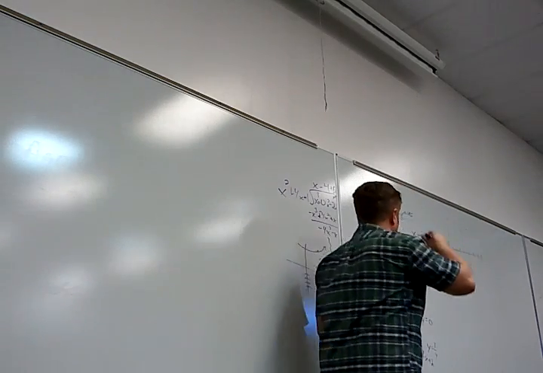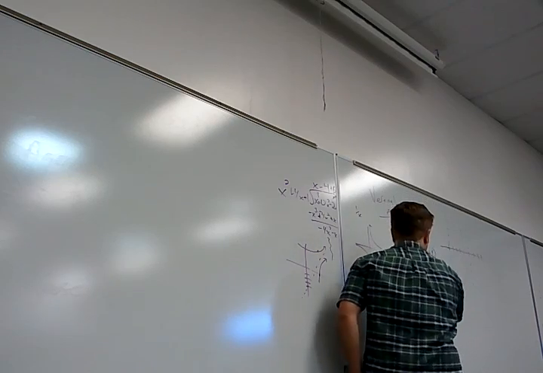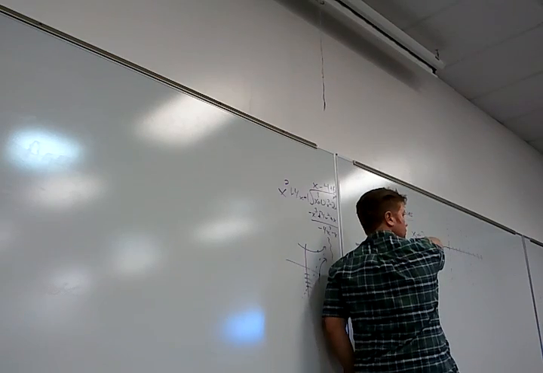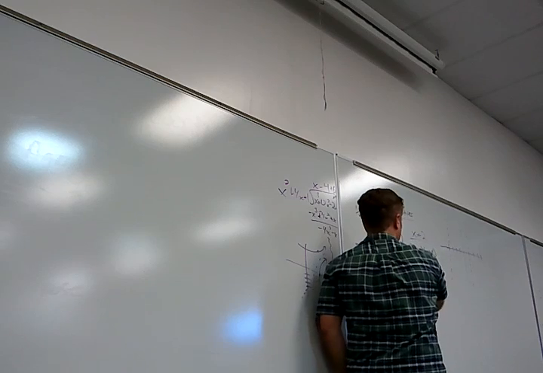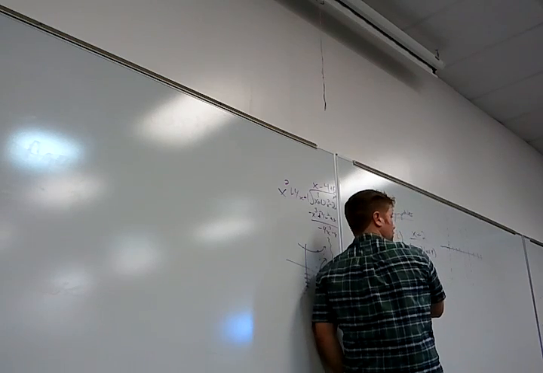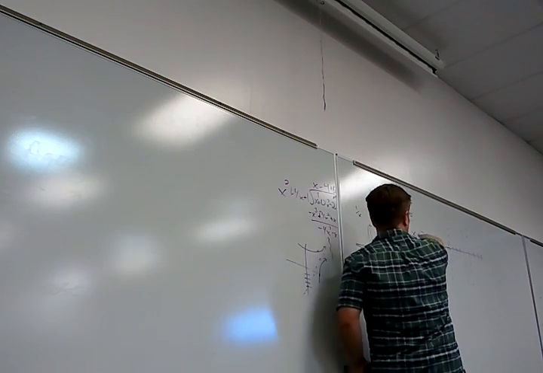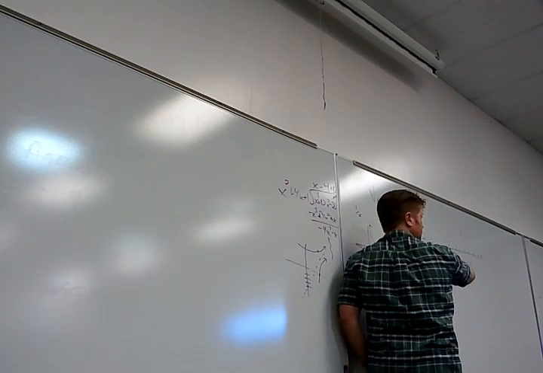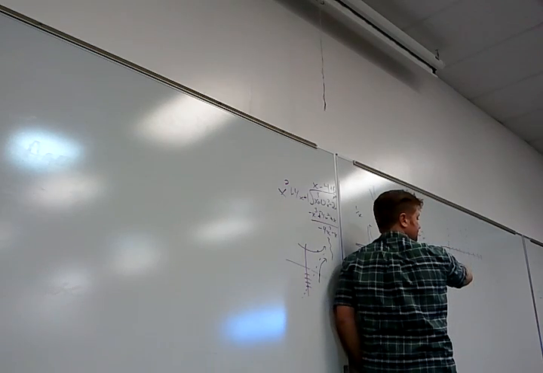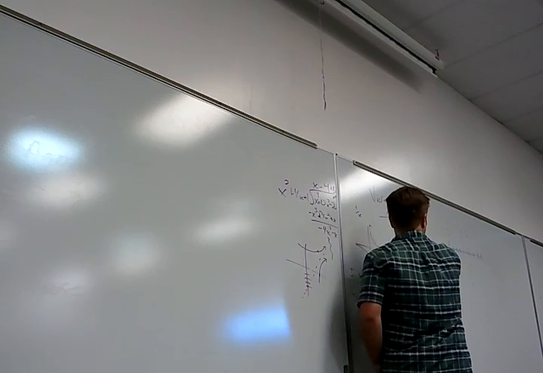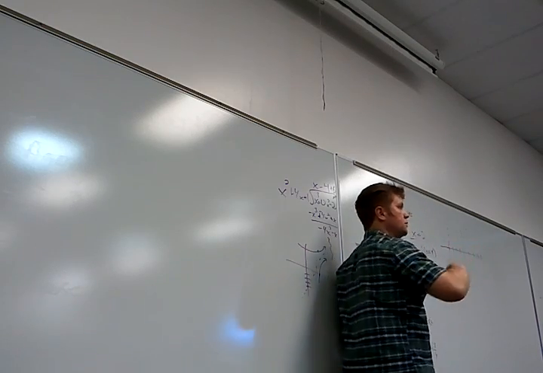I really don't want you to forget this. The horizontal asymptote in this case, which situation am I in for this problem? First, second, or third? What's the power on the bottom? Yeah, it's x squared. And the top is x, so the bottom power is higher.